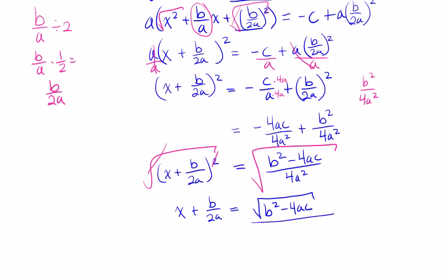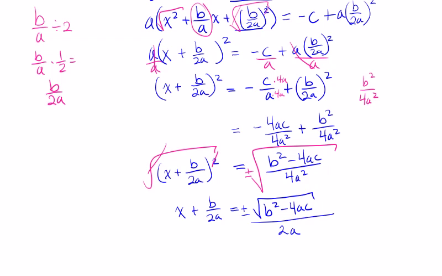But on the bottom, the square root of 4a squared, the square root of 4 is 2, square root of a squared is a, right? And then one thing that I forgot here is there should be a plus or minus, right? So I'm going to put a plus or minus here.